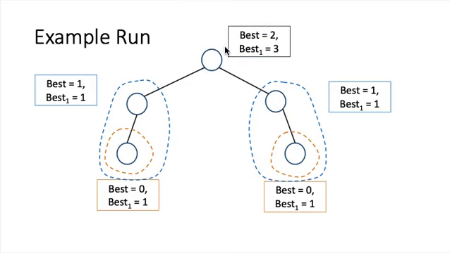The difference here is that this time best at best is equal to 2, because when we consider the case that we do not place a guard here, we can choose best 1 and best 1, which is equal to 1 plus 1, which is equal to 2. So indeed, best here can be obtained by doing best 1 here and best 1 here. Okay, so this is the example run.